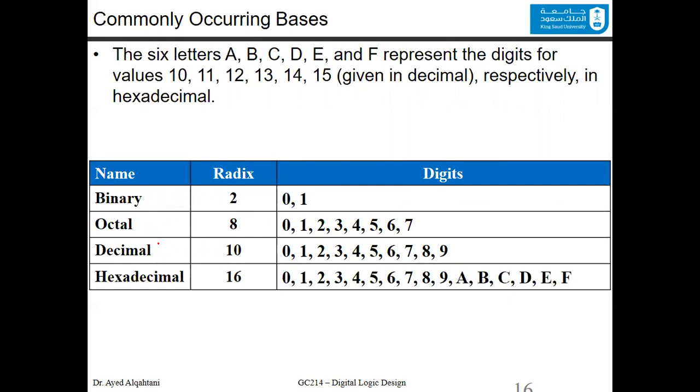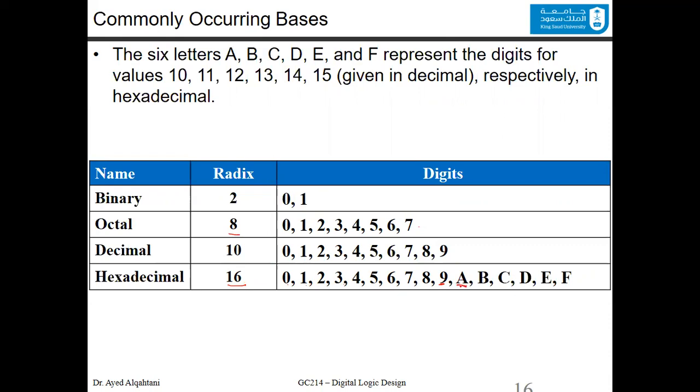We have other systems that are usually used with computers, which are the octal system, where the radix is 8, and the hexadecimal, where the radix is 16. You can see that the digits here start from 0 up to 7, and the digits here start from 0 up to 15, which is less than 16. However, what we do is we have the following digits, 0, 1, 2, 3, up to 9, and then after 9, we use letters.